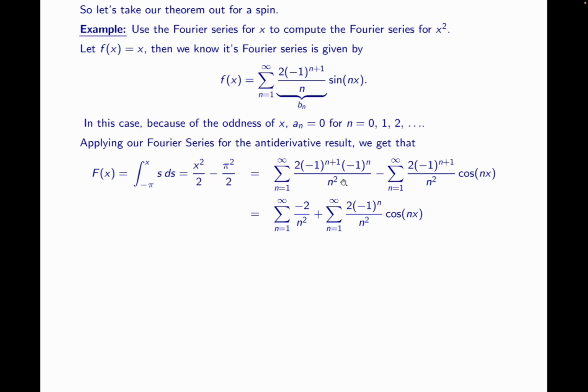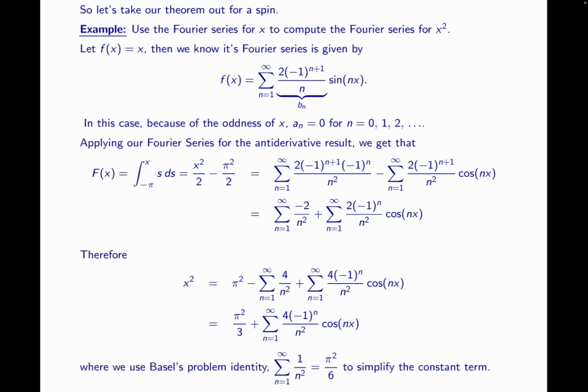We can simplify because negative 1 to the n plus 1 times negative 1 to the n, we're always going to get a negative, so we have this value. Therefore, if I solve for x squared, because notice x squared over 2 minus pi squared over 2 equals this expression, I get exactly that.